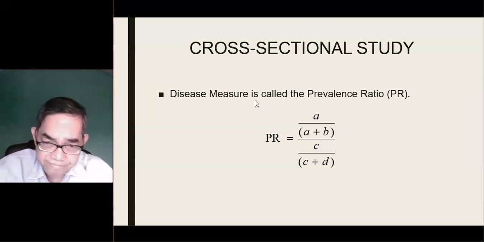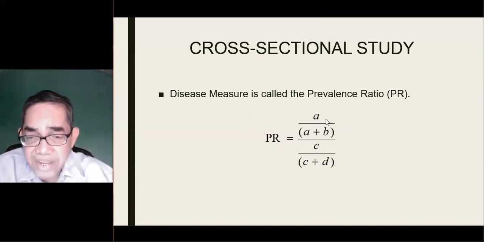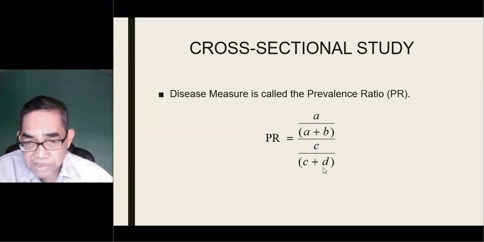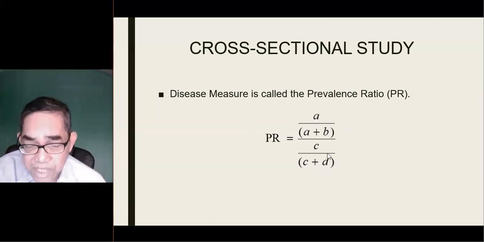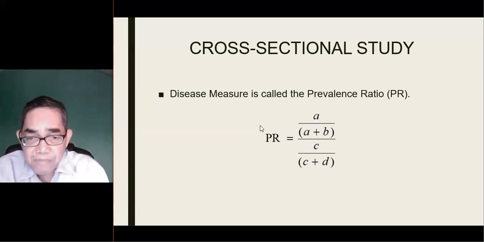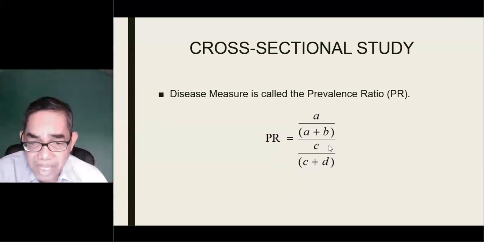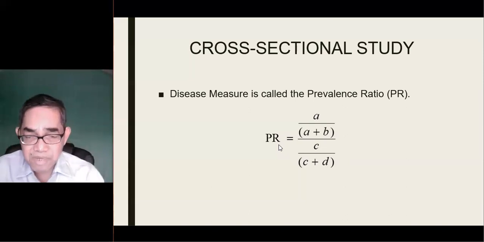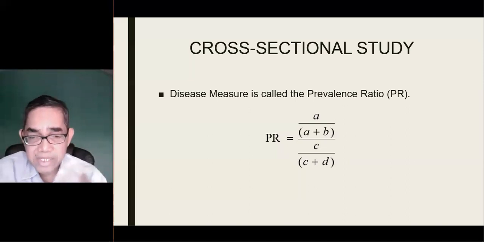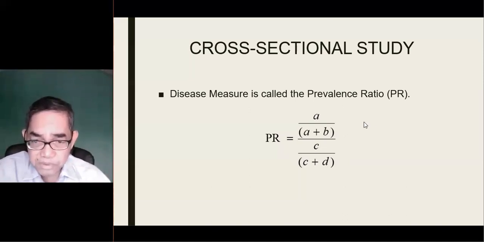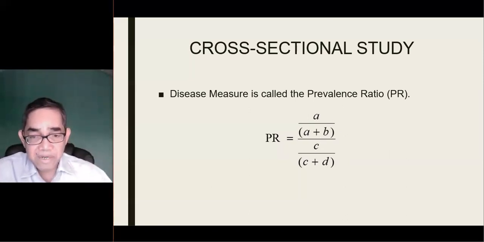Now, if the prevalence of the disease among the exposed, the numerator, is higher than the prevalence of the disease among the unexposed, the denominator, then the prevalence ratio should be greater than 1. And what does that mean? If the prevalence ratio is greater than 1, it means that those exposed, or the exposure variable, are a risk factor.